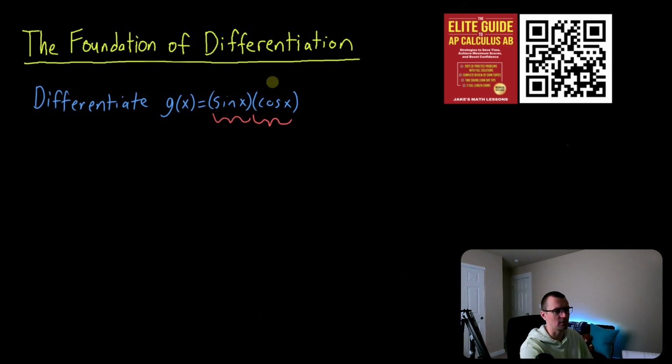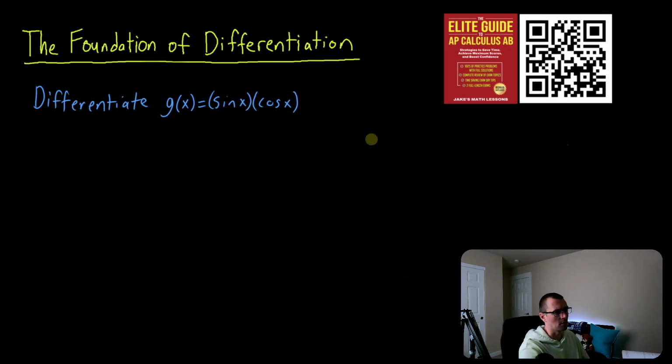We have these two smaller components being multiplied together. That indicates that we need to use the product rule. The product rule would be used whenever you need to find the derivative of some function that is just two smaller functions multiplied together.